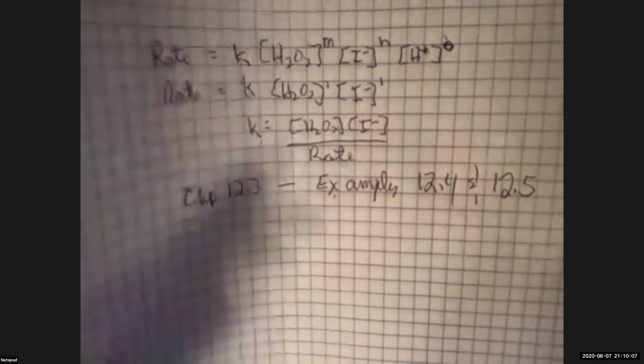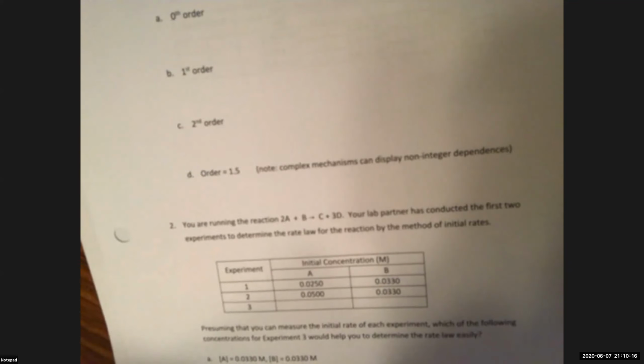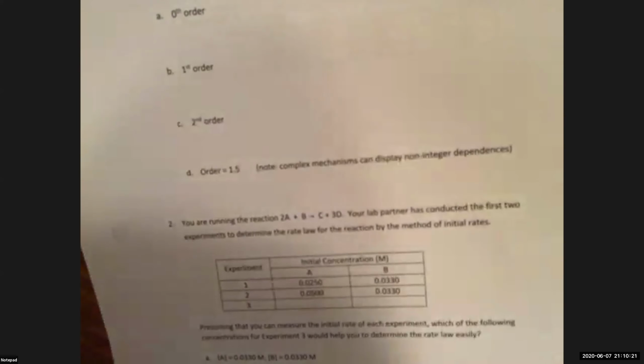Right, let's go back and look at this worksheet for a minute. Write the units of the rate constant k for each of the following rate law orders. The first one is a zero order reaction.